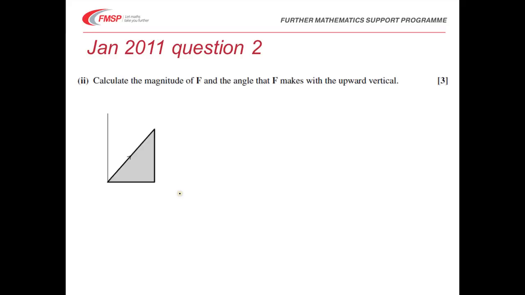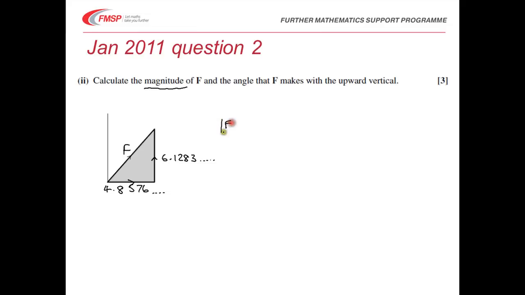Moving on to the second part, we have to calculate the magnitude of F and the angle that it makes with the upward vertical. Remembering our values from the previous part of the question, horizontally it was 4.8576 and vertically it was 6.1283, and this is our force F. The magnitude of a force is the size of it, so we can use Pythagoras' theorem here.